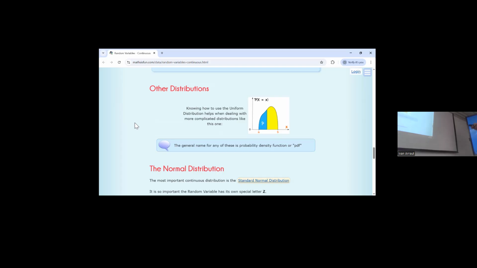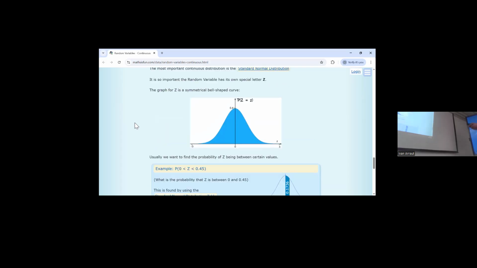You will understand this better with the normal distribution. This is the normal distribution. We will see it in more detail. A standard normal distribution has zero mean value. The mean value is zero, and the standard deviation is 1.